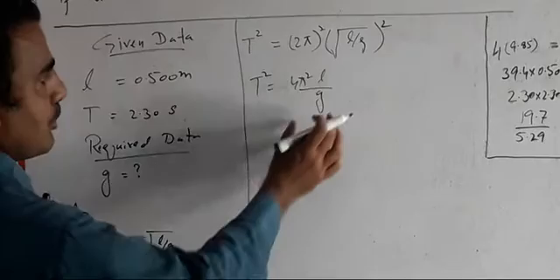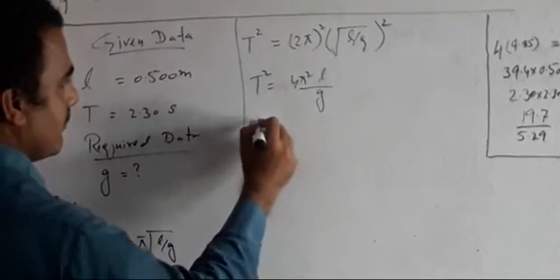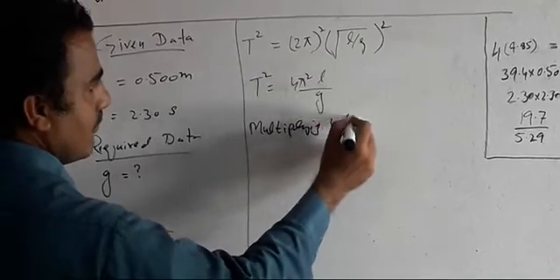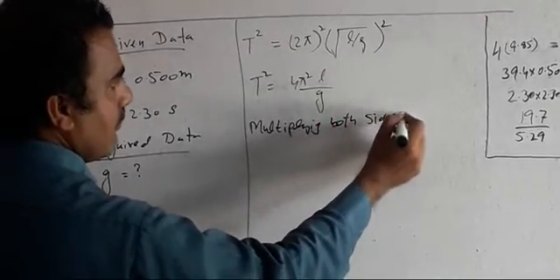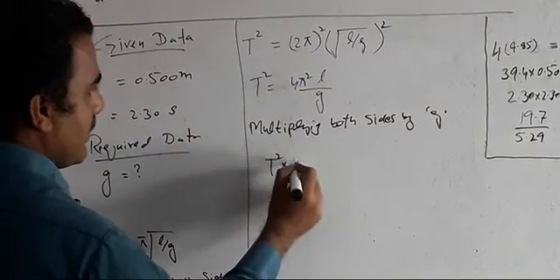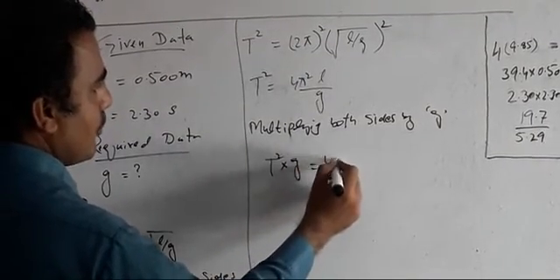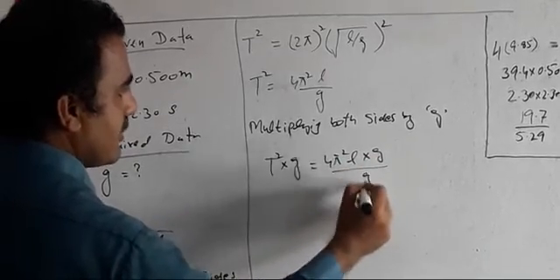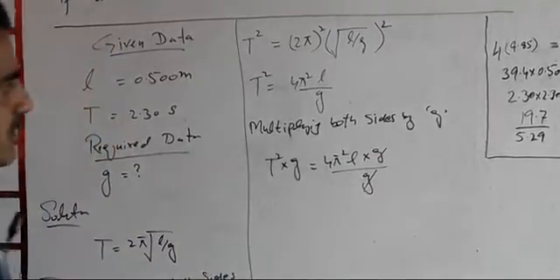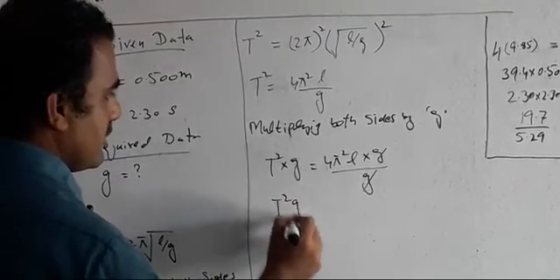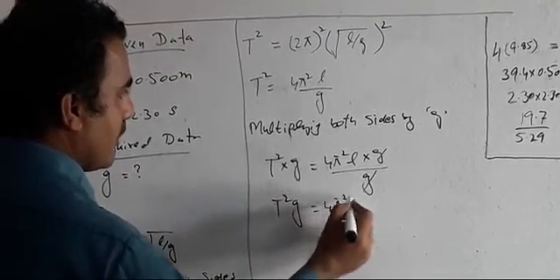Now multiplying both sides by g, it will become T square multiply g equal to 4 pi square L multiply g divided by g. Here g will cancel with g, while here I will write T square g equal to 4 pi square L.